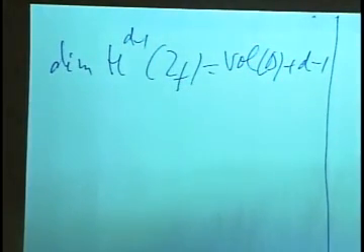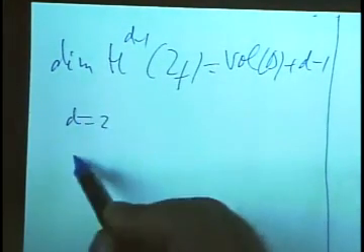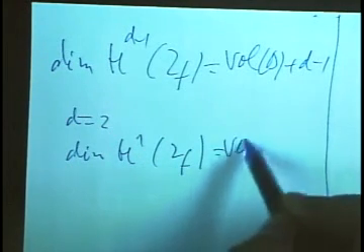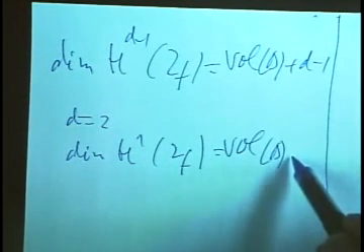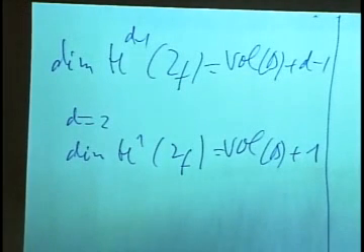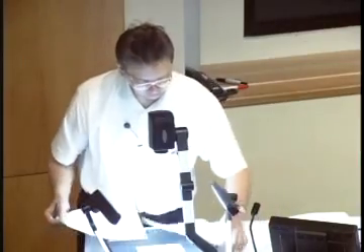So in our situation, for d equals 2, the dimension of cohomology of this affine curve is the volume of delta plus 1. On the other hand, you can compute cohomology by the formula that I wrote just now.